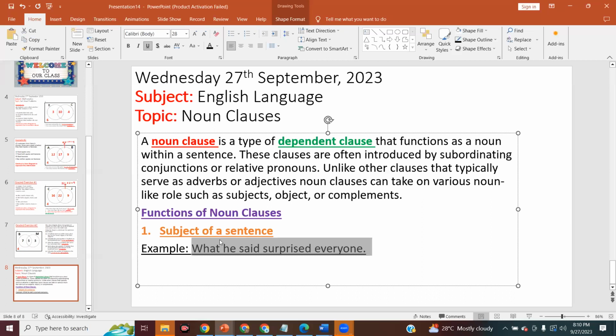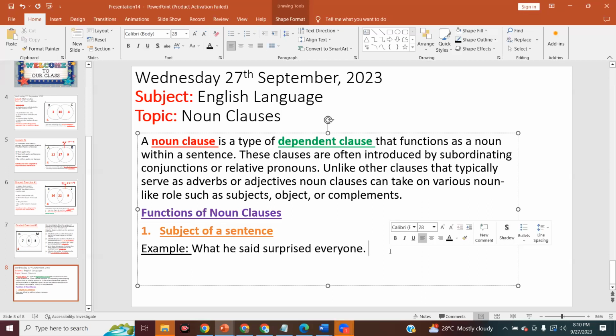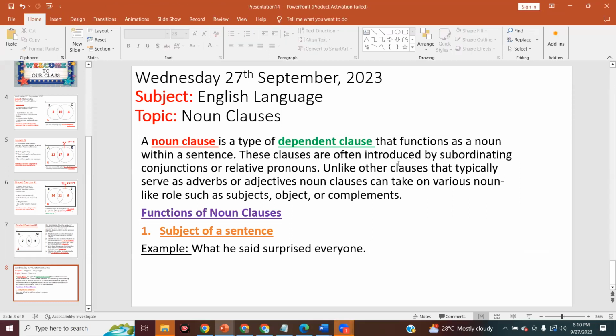Tell me, what do you think is going to be the noun clause in the sentence? No, remember it starts off with a relative pronoun or subordinating conjunction. So what do you think is the noun clause? He said? Remember, it starts off with a relative pronoun. You can't say he, because he is not a relative pronoun. He is a pronoun.